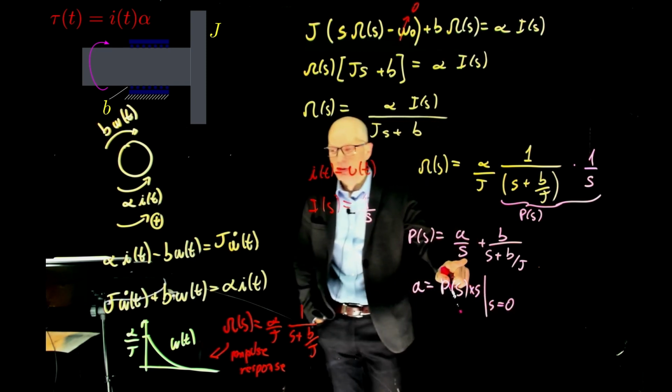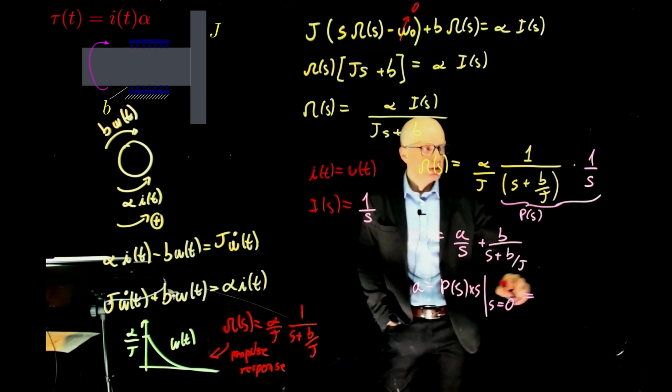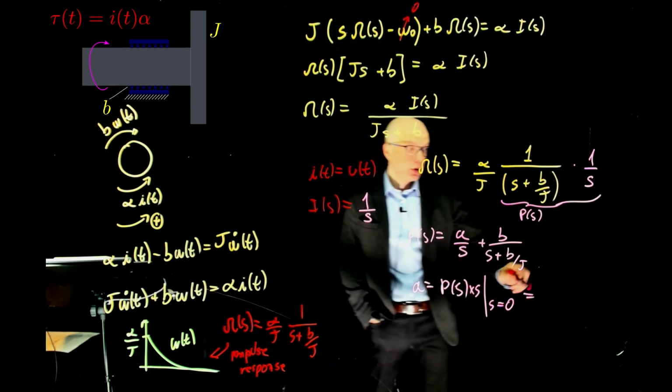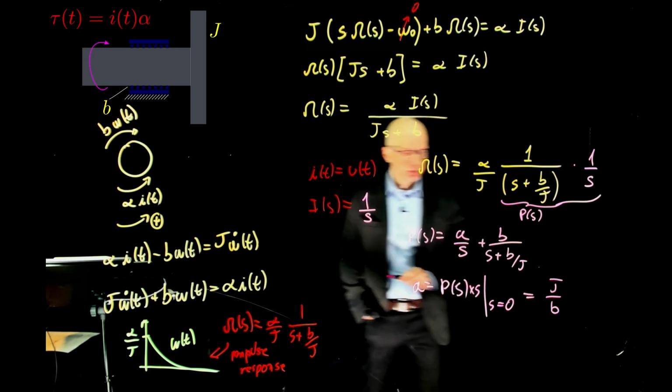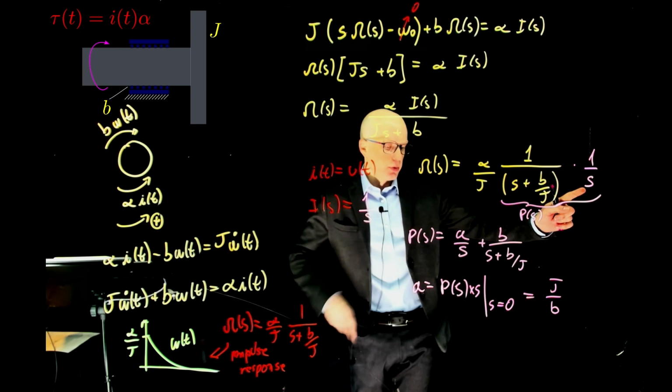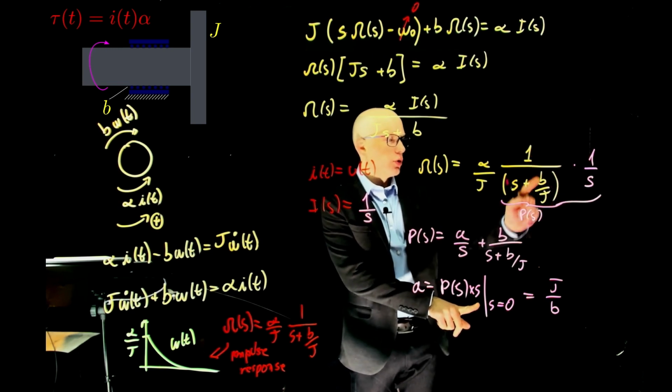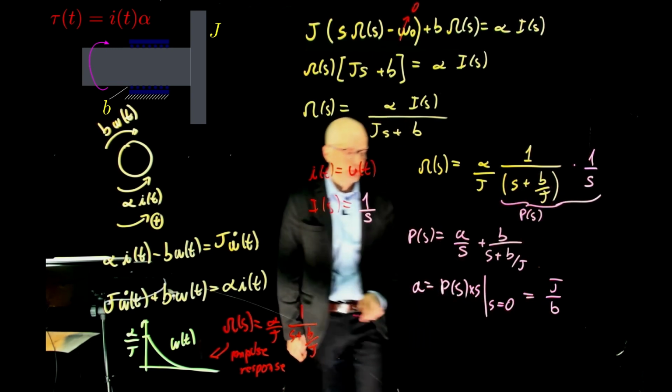Whatever makes the denominator here 0. And this is equal to j over b. Right, this s will cancel that s. This s is 0, so 1 over b over j is j over b.